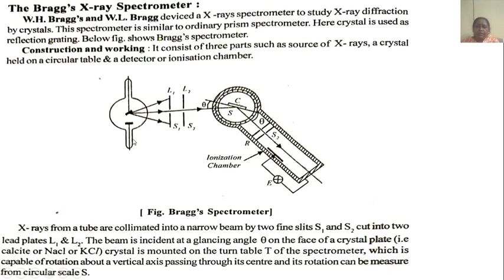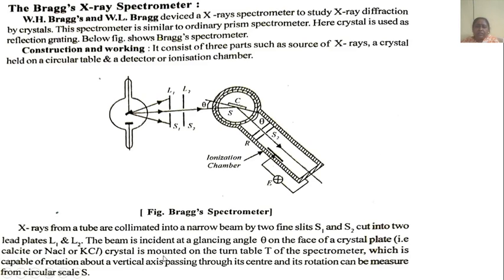From the X-ray source we get a fine beam of X-rays, and the beam is incident at a glancing angle theta on the face of the crystal. C is the crystal held on the circular table, and the beam is incident at a glancing angle theta.